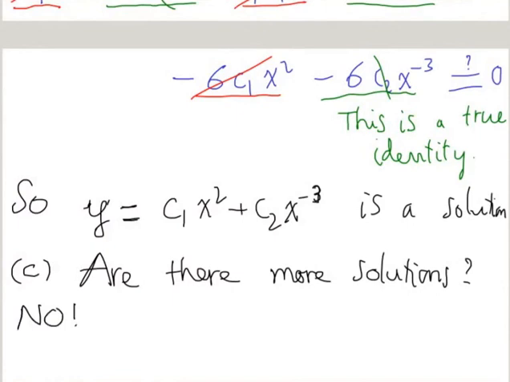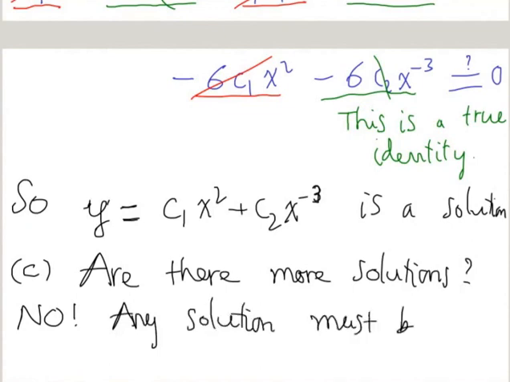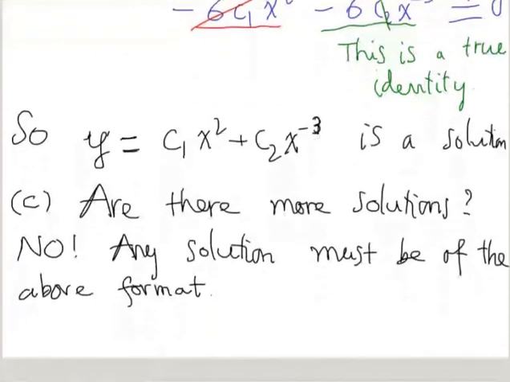Any solution must be of the above form. Must be c1 x squared plus c2 x to the negative 3.